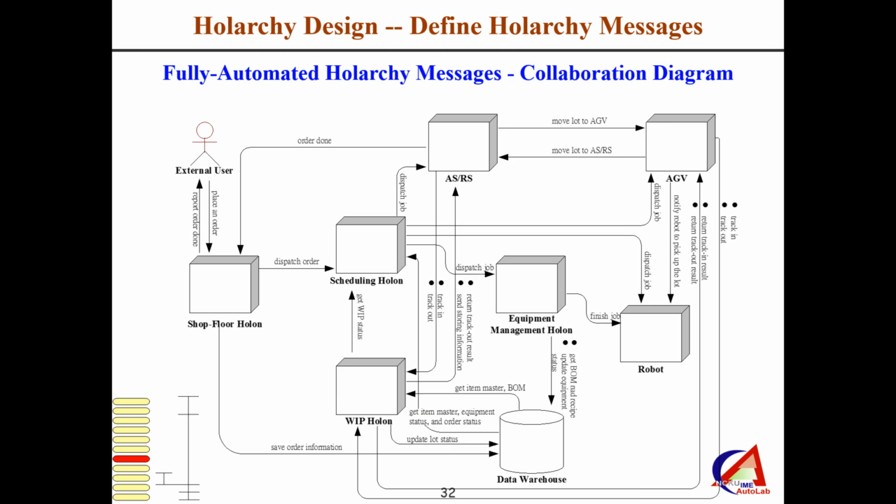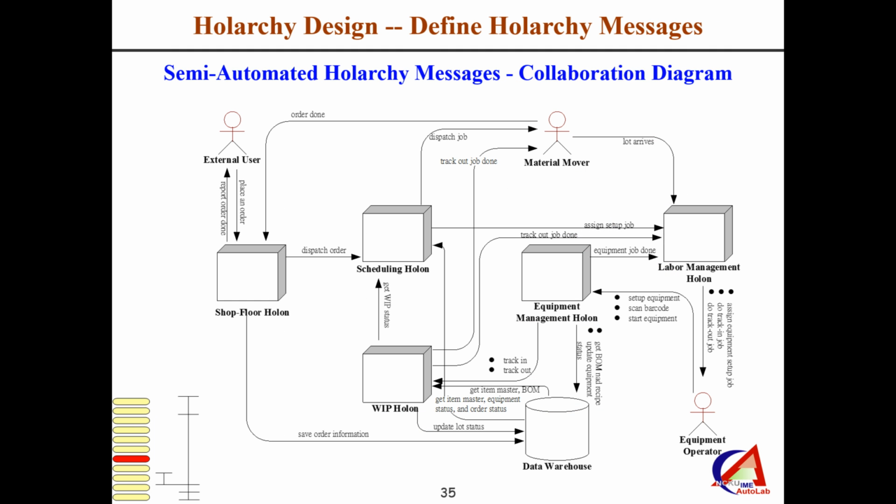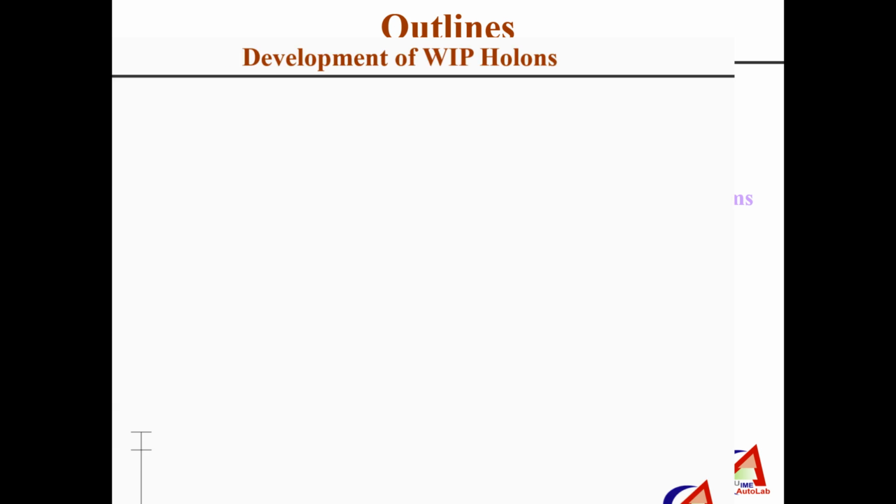Oh no, this one. So you can check with it. WIP holon is here, right? So what's the interface among the WIP holons and all the others? So this scheduling and warehouse and ASRS, etc. Right? So you just grasp the WIP holon shown here.